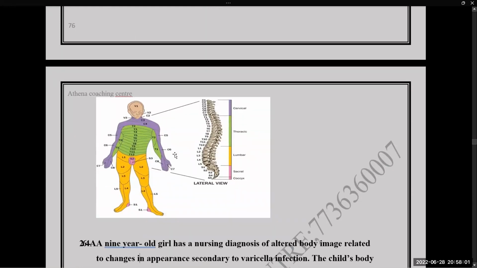Look at this picture. So in case of spinal cord injury, what is expected? For example, if the spinal cord injury has happened at C1, from the injury site itself the function alters.